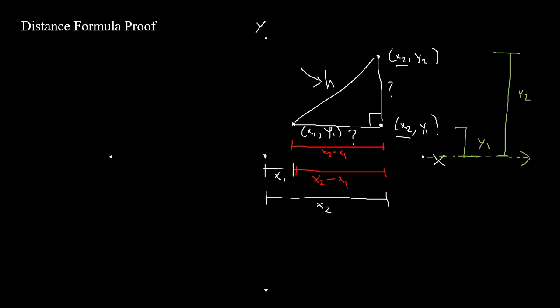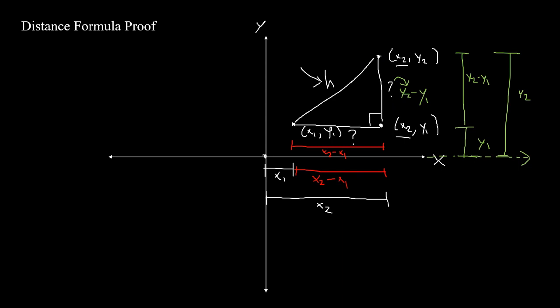So the total length of this leg circled in green is going to be y2 minus y1. So this leg that I circled in green is going to have a length of y2 minus y1.